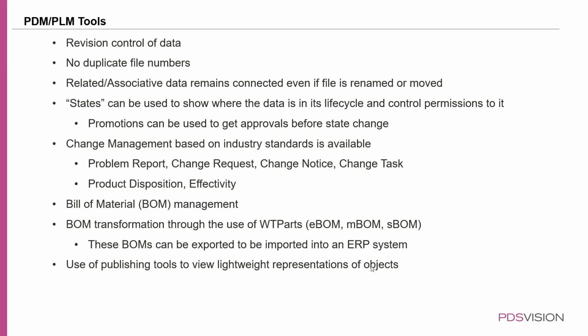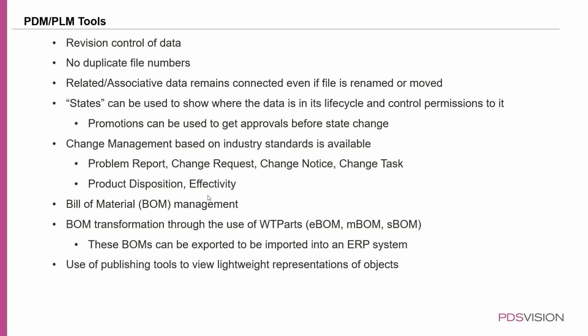So you can do that for even an initial release of a product or for an actual change of that product. And as we move forward, and we'll talk about the part-centric piece of it in just a moment, the other thing that we can define is product disposition.